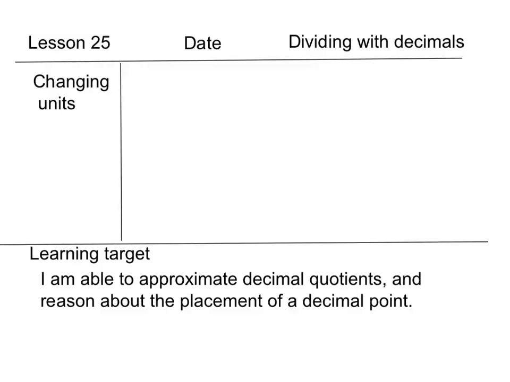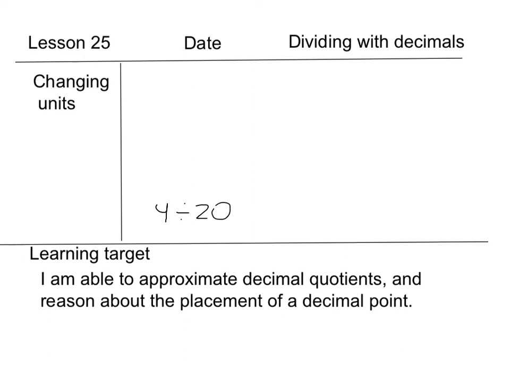Alright guys, we just had 4 example problems where we had dividends smaller than our divisor and our quotient wound up being a decimal. Now the way we did that was using a strategy called changing units. When we did that, we didn't change anything about the number at all. In our second example, our divisor was 20 and our dividend was 4.